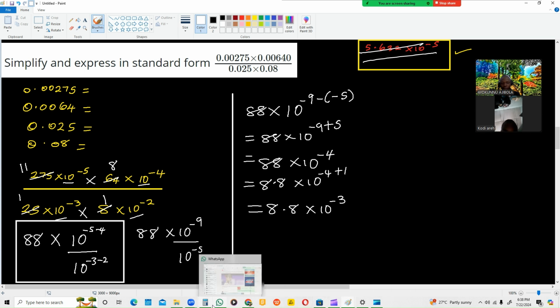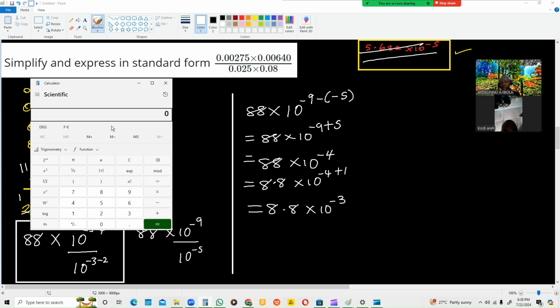So the numbers we want to multiply in the calculator are 0.000275 times 0.0064. If we put the zero, you see it doesn't make any difference. This one at the top gives me 0.0001234176. How many zeros? One, two, three, four.